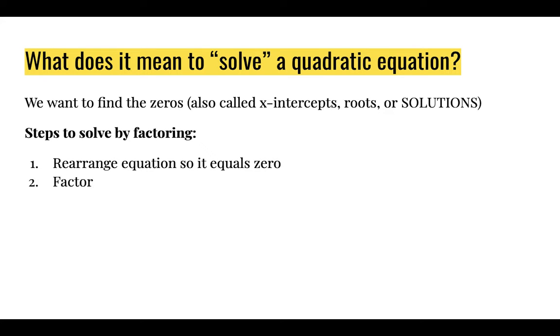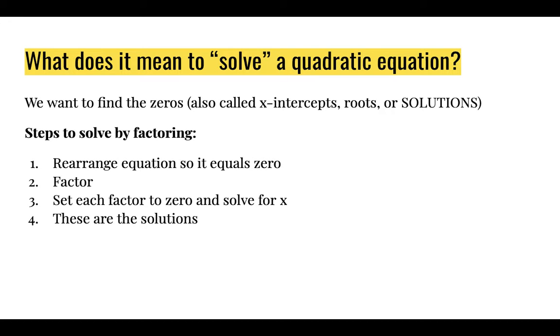Then the second part is to factor it if it's not already factored. The third step is to set each factor to zero and then solve for x. And then finally, the fourth step is, these are the solutions. So you're going to write, therefore, the solutions are these numbers for x.